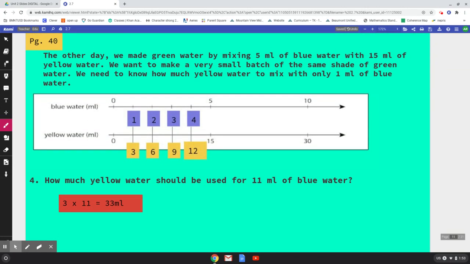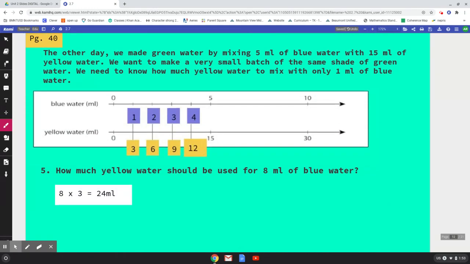So now I'm on number 4. It says how much yellow water should be used for 11 milliliters of blue. So what's happening is we're taking this 11 and we're multiplying it to the yellow number for 1 batch. So we would do 3 times 11 and we would get 33.